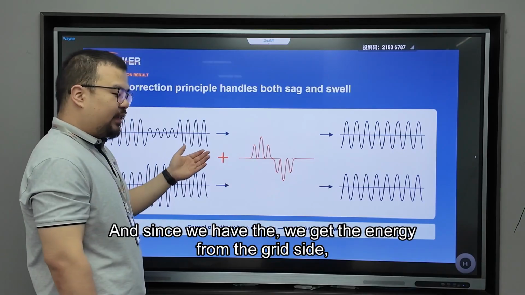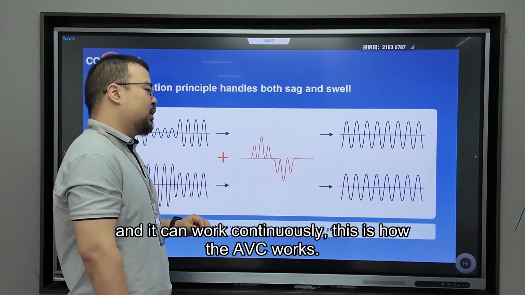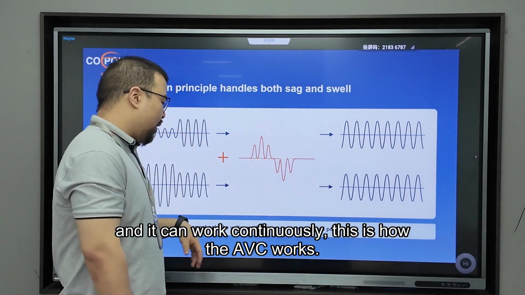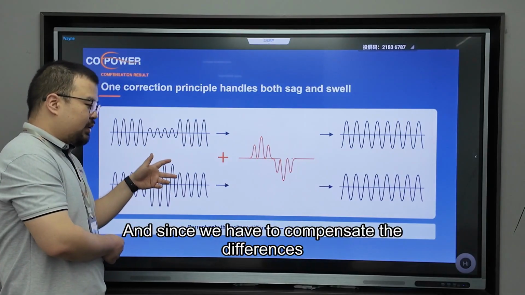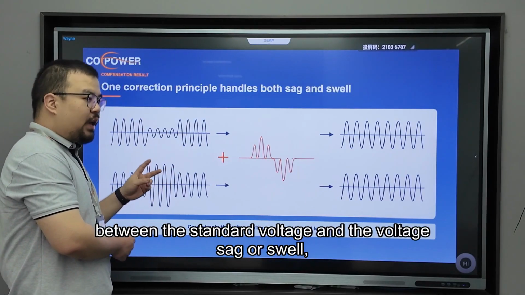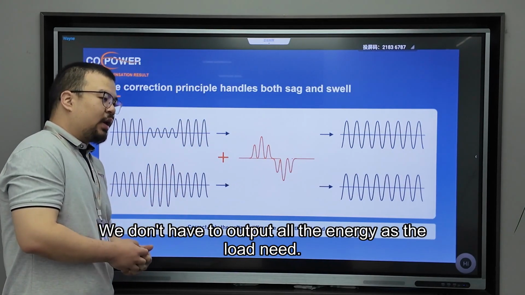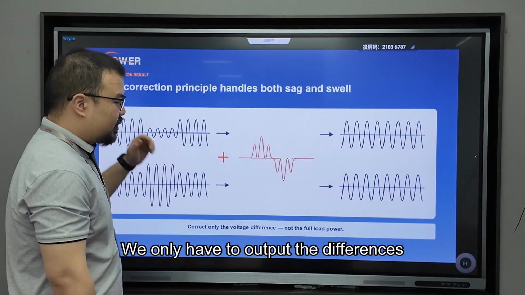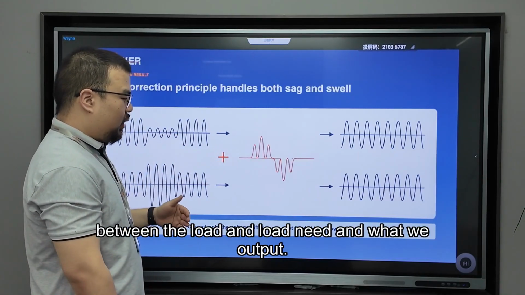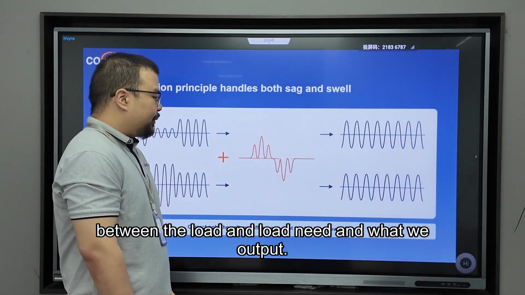And since we get the energy from the grid side, it can work continuously. This is how AVC works. Since we only compensate the differences between the standard voltage and the voltage with sag or swell, we don't have to supply all the energy the load needs. We only output the difference between the load need and the grid supply.